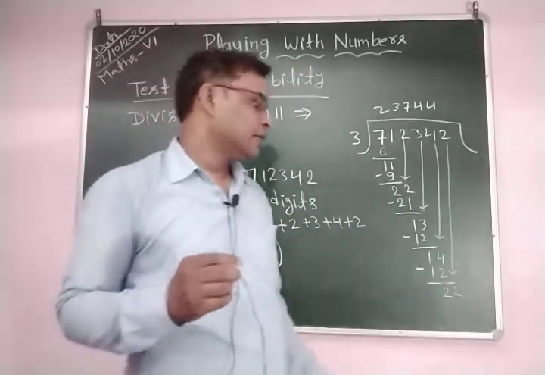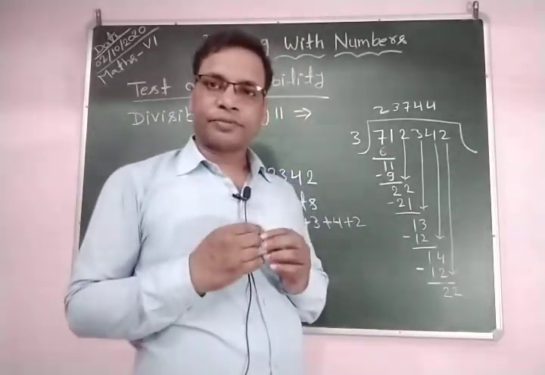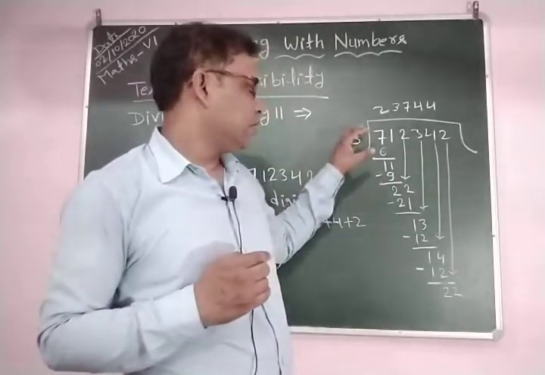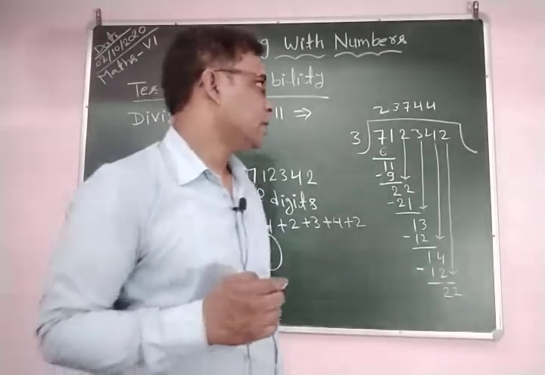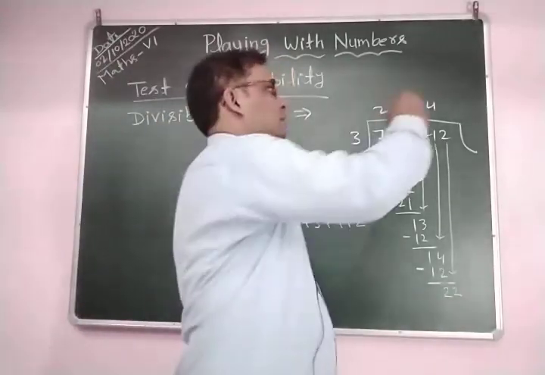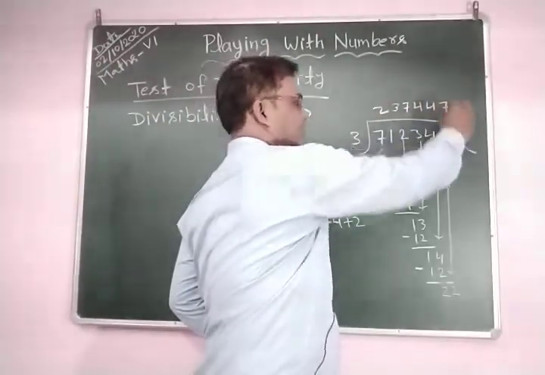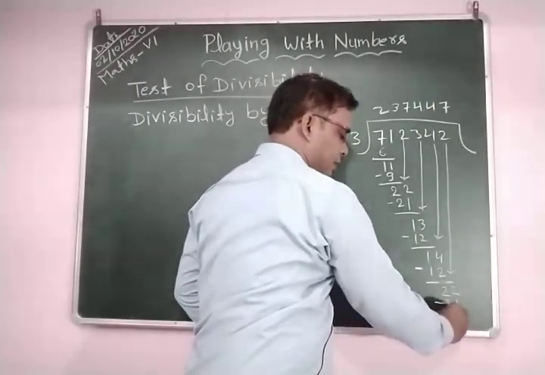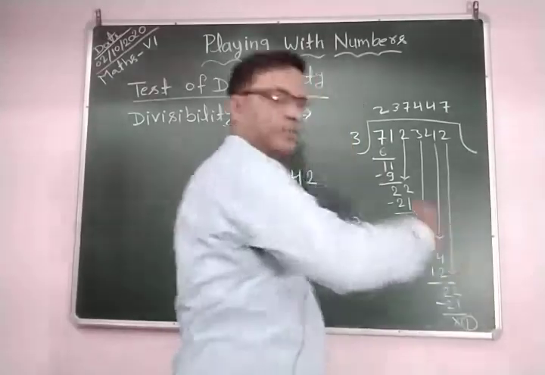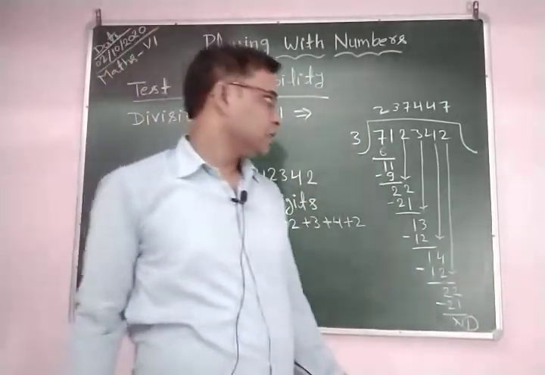So 22 is our new dividend, and we divide this 22 by 3, then we obtain quotient 7. So 3 sevens are 21. You can see here when you subtract them, then you obtain here 1. 1 is the remainder.